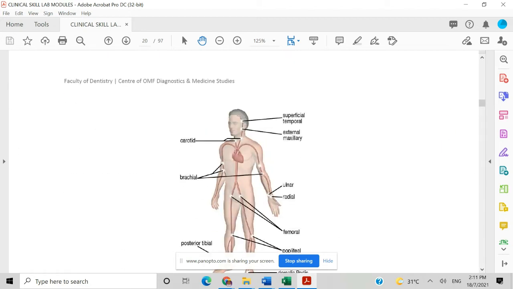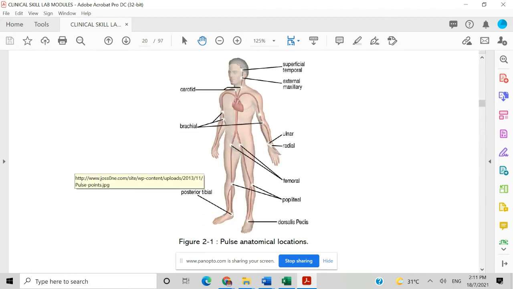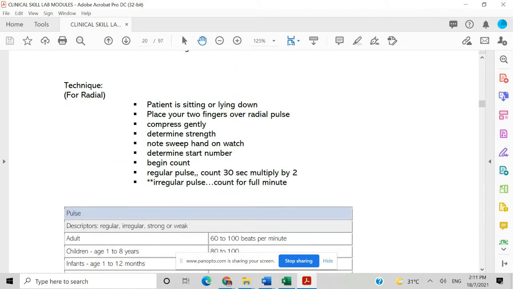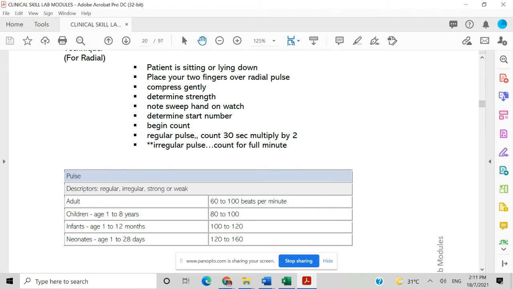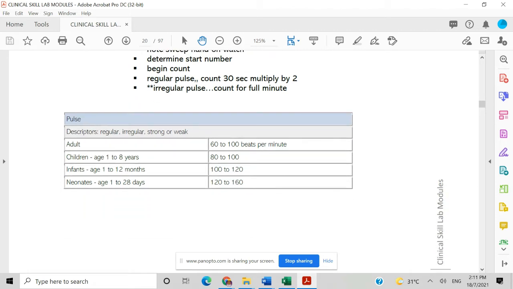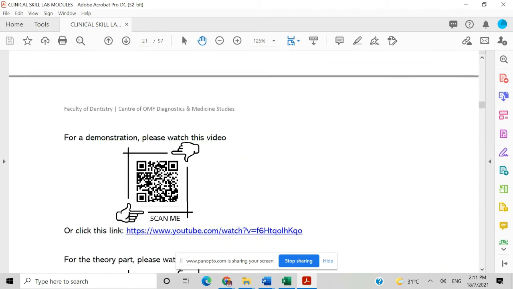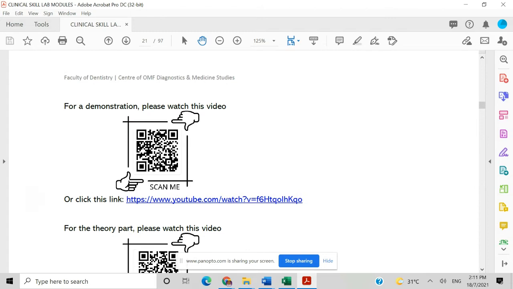Please study this diagram and know exactly where the locations are that you can take the pulse for your patients. These are the techniques. We have also put up some videos on YouTube for you to learn from, and these are the numbers. Please do watch the videos.